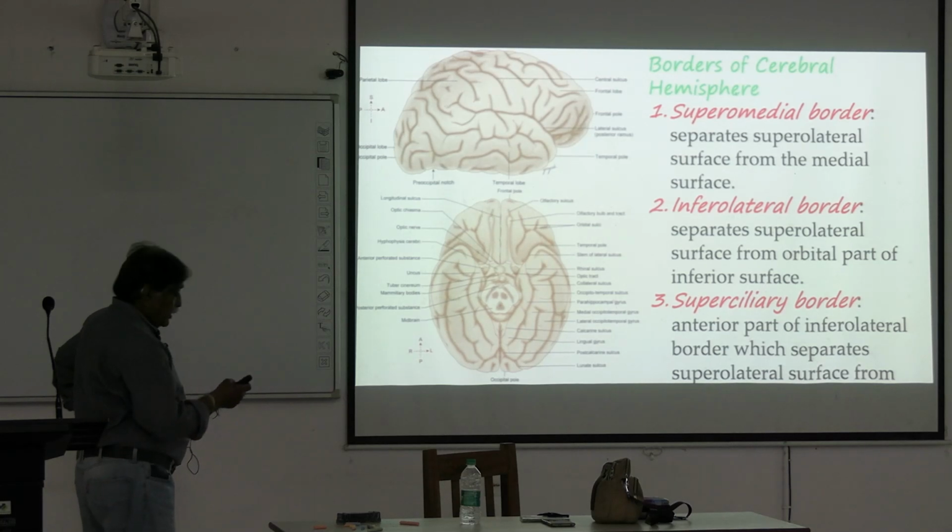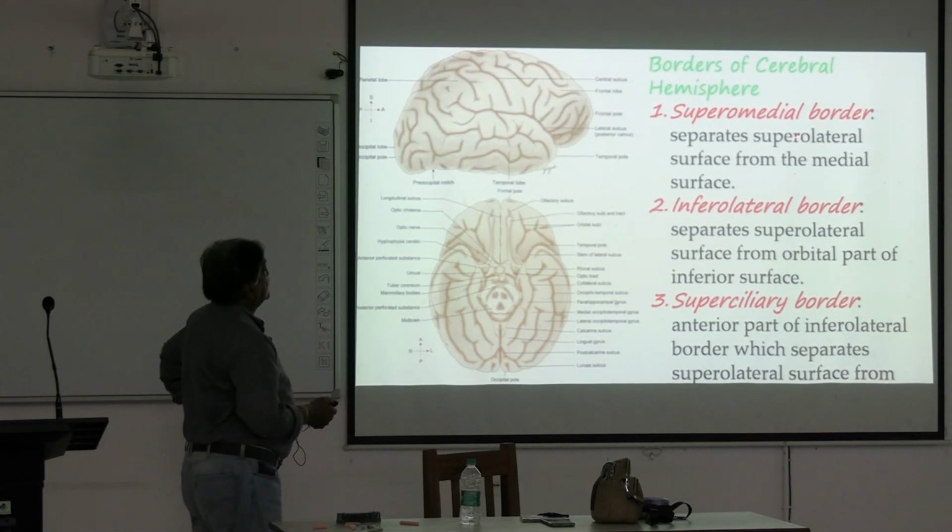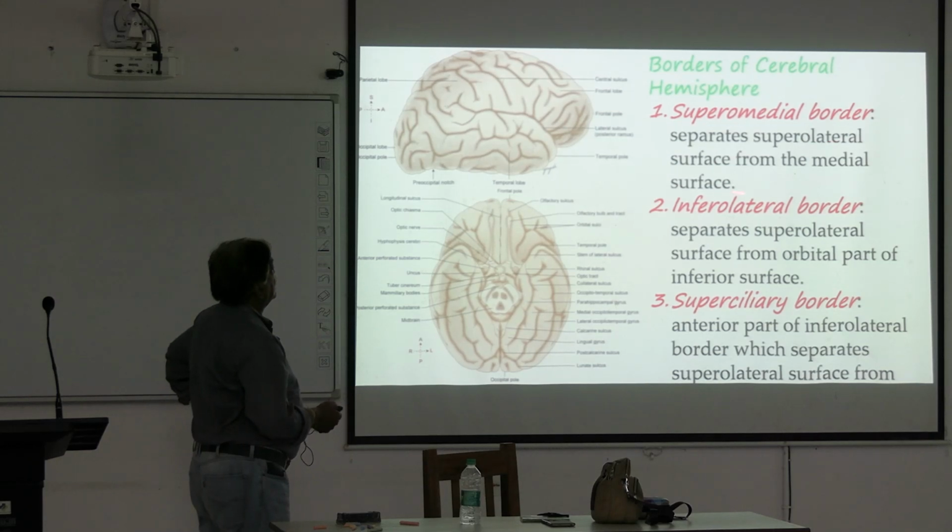Now, borders of the cerebral hemisphere. The superomedial border separates superolateral surface from the medial surface. Infralateral border separates superolateral surface from the orbital part of the inferior surface. Superciliary border, anterior part of the infralateral border, which separates superolateral surface from the orbital surface.